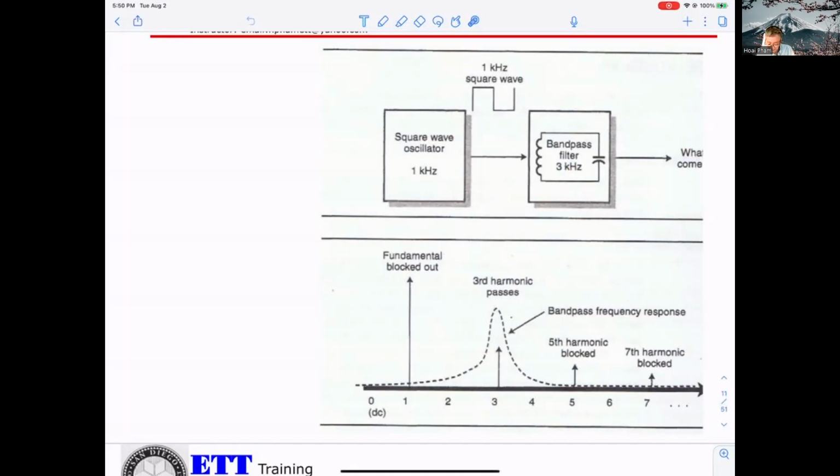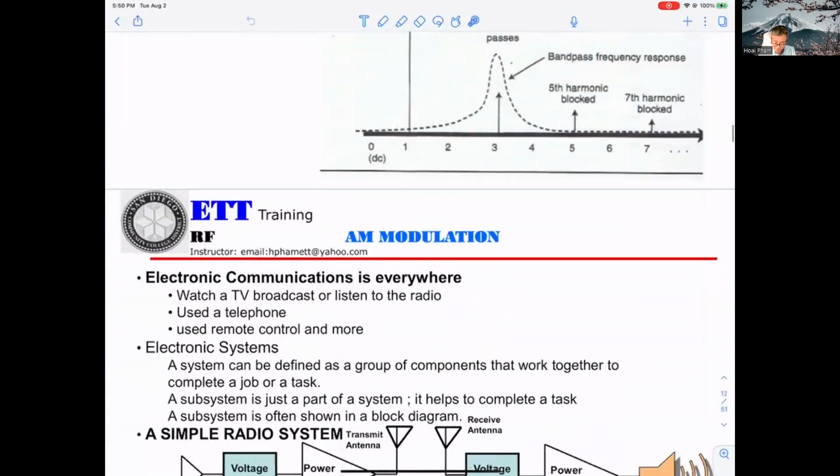You can see that they can get a 1K, 2K, 3K. And the 3K, you can see the signal can pass through it. Okay, outside of that, they will be blocked. That will be seen on the spectrum analyzer.